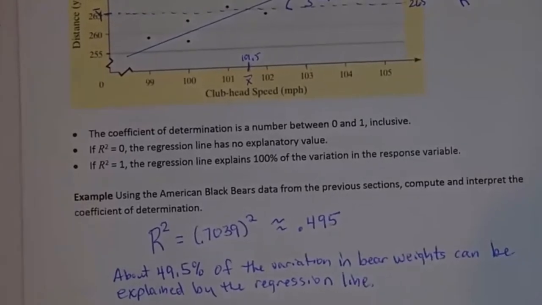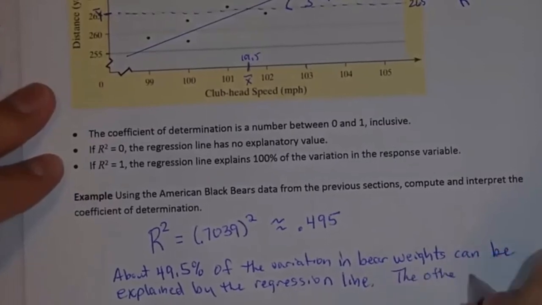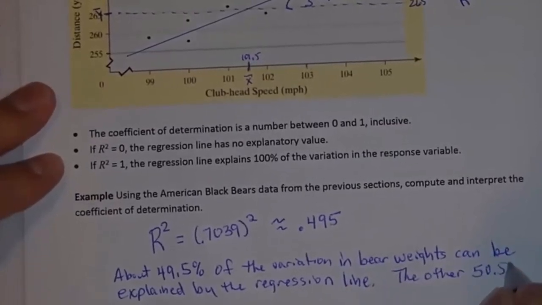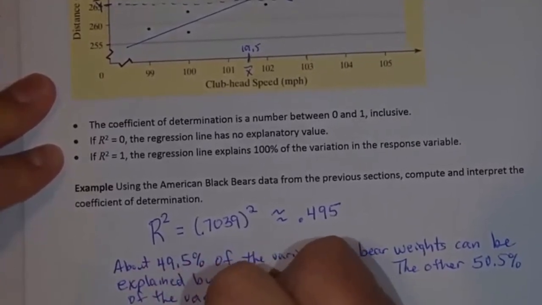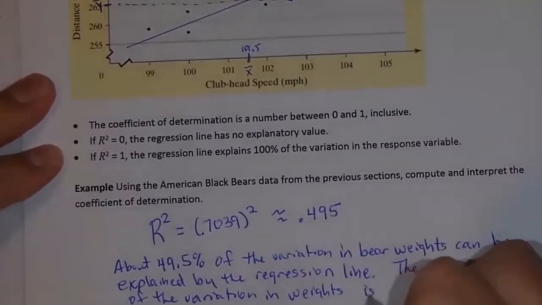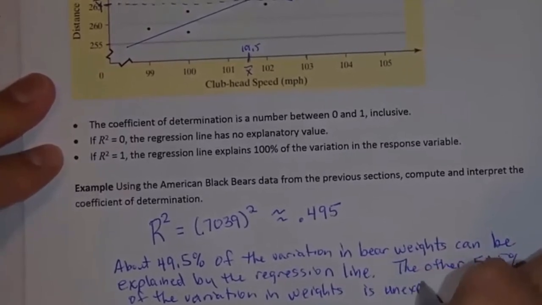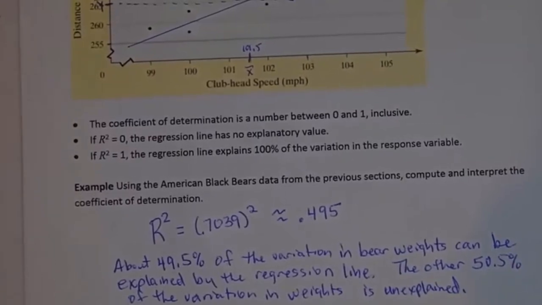So we have this variation in the weights, and about 49.5% of that variation in the weights can be explained by the regression line. The other 50.5% of the variation in weights is unexplained. So that unexplained part could be because of other variables or something like that. It's not explained by the regression line.